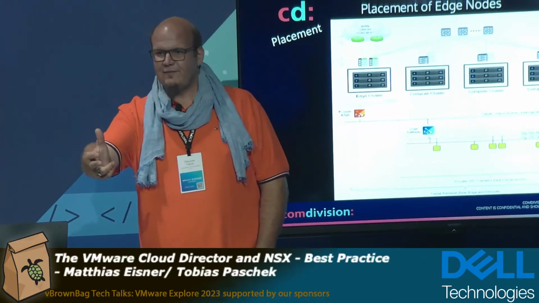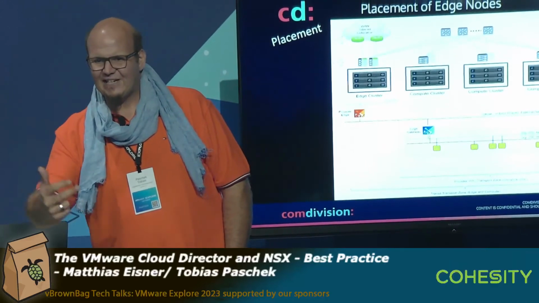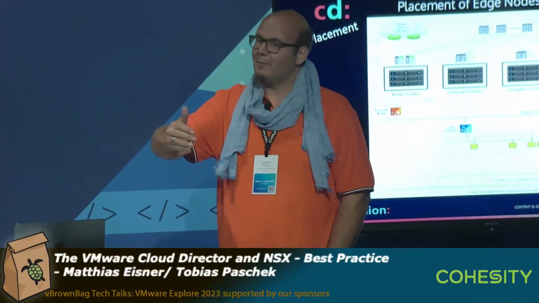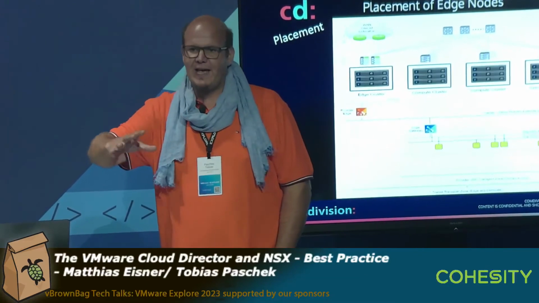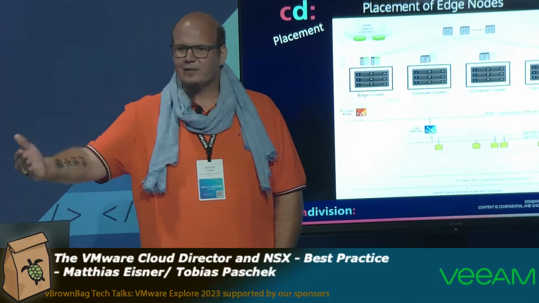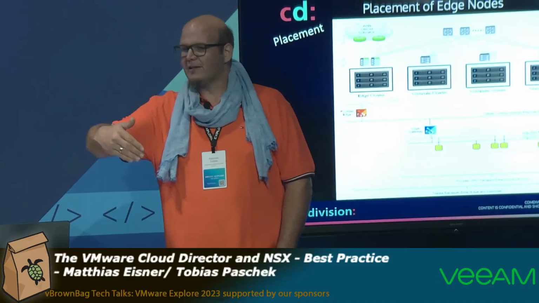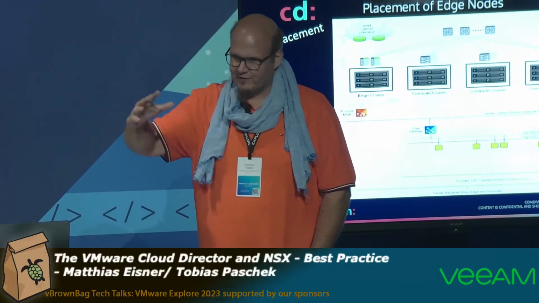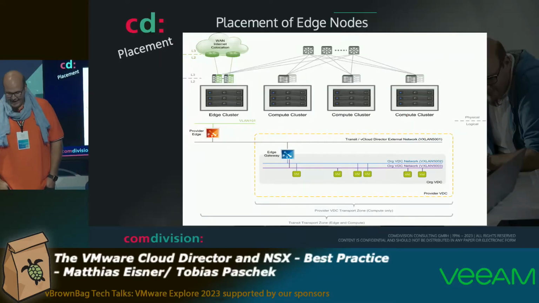And the last one is, we have also the opportunity to provide a dedicated edge cluster for just a single customer, because as always, VCD cannot do any magic. A tier 0 can only run on a single edge node cluster. There is no possibility to have multiple tier 0s on the same edge node cluster, not talking about VRF, because with VRF we get the possibility.